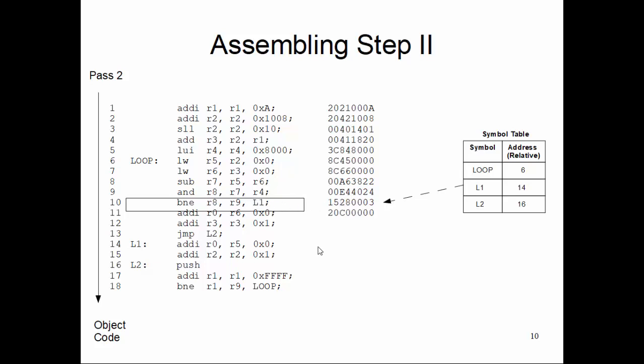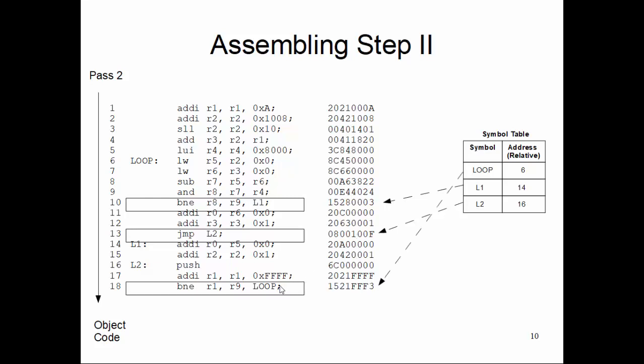Similarly, it goes for the next instructions 11, 12, 13. Again, it refers to symbols, so it goes back and looks at the symbol table, retrieves the relative address, and combines that information into the instruction's machine code. Then instructions 14, 15, 16, 17, and 18: it also needs to refer to the symbol table, pick up the relative address, and combine it somehow into the machine code.